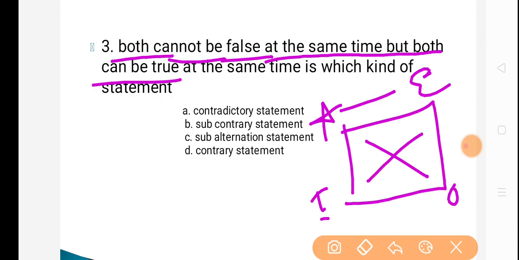The contrary statement says that if one is true, the other will be false, and if one is false, the other will be doubtful. So here itself we can see that it's the opposite of the contrary statement. The one below the contrary statement is the subcontrary statement. So the answer is subcontrary statement.